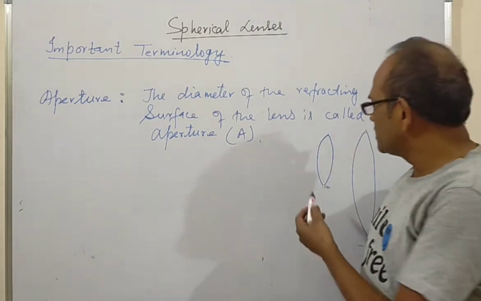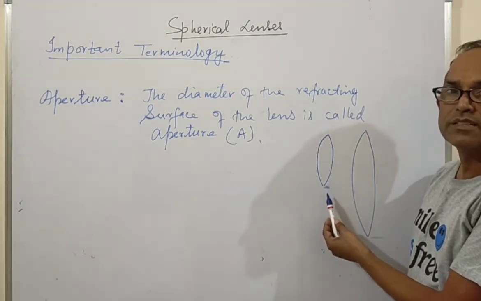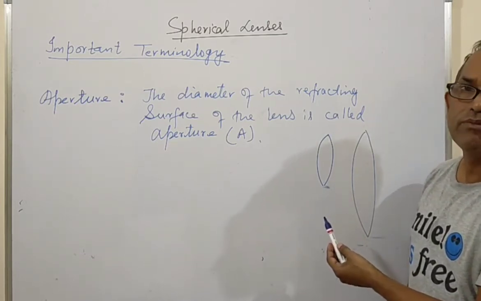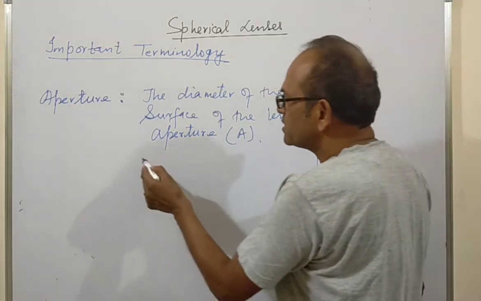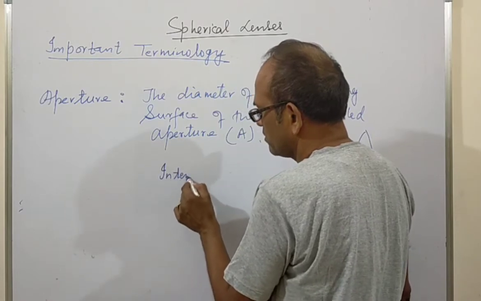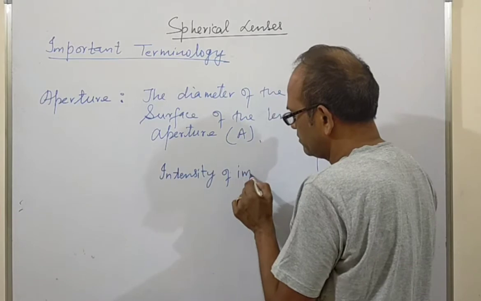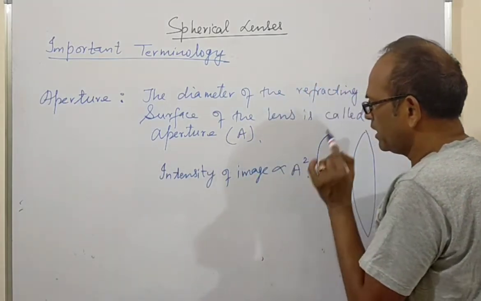more light will be incident on this lens surface than this lens surface. So more light means a brighter image will be formed. Okay? So more brightness. So the intensity of the image is directly proportional to A square.